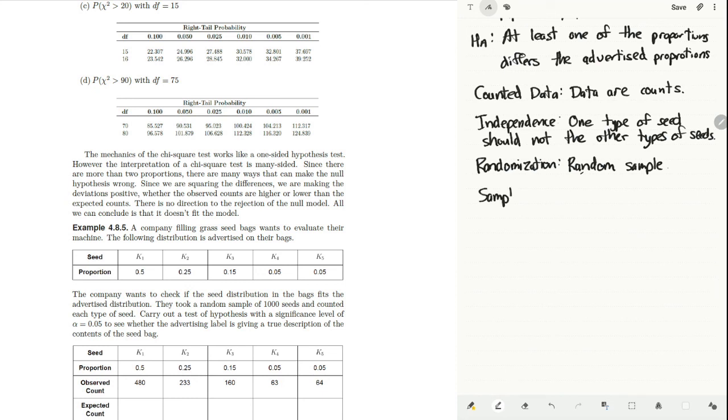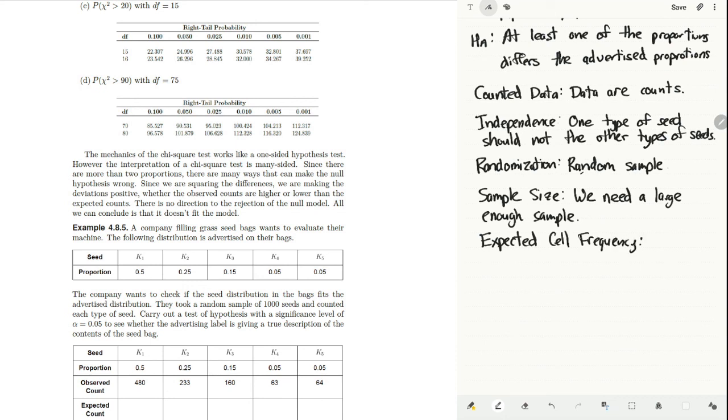And then we have the sample size assumption. We need a large enough sample, so we'll check the expected cell frequency condition.